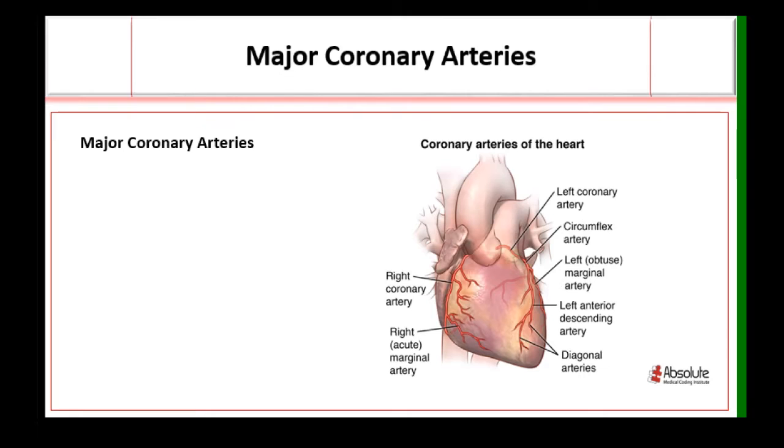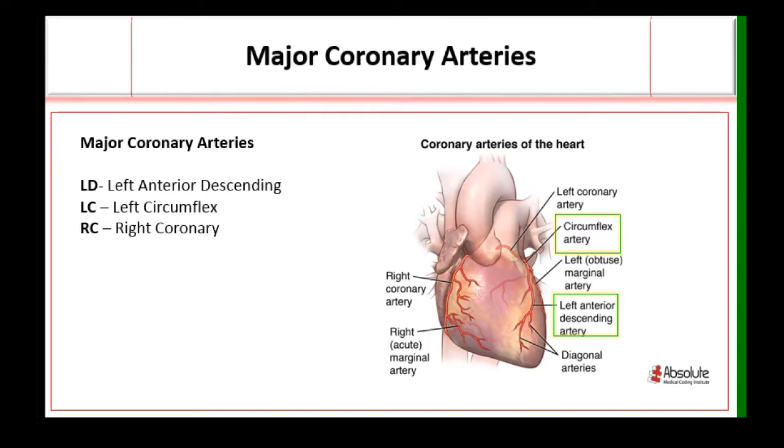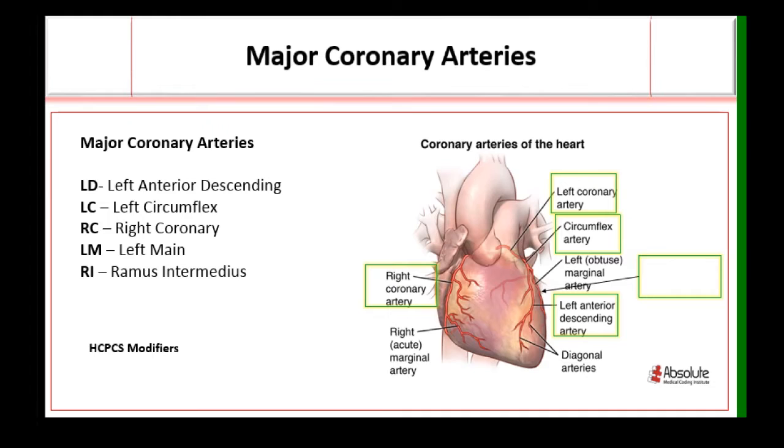All right, so your major coronary arteries are the left anterior descending, the left circumflex, right coronary, left main, and ramus intermedius. Your ramus intermedius is often not found on many diagrams because it's actually behind the vessel, right between the left coronary and the left anterior descending.